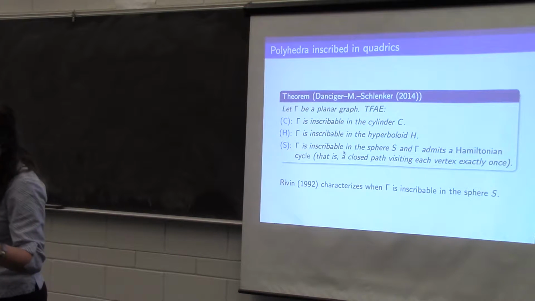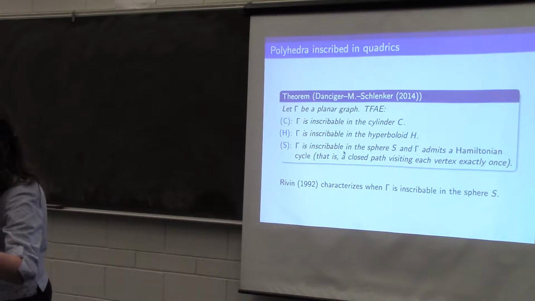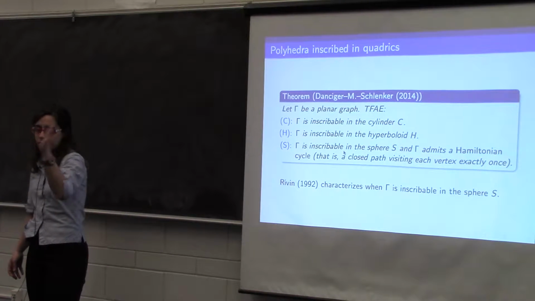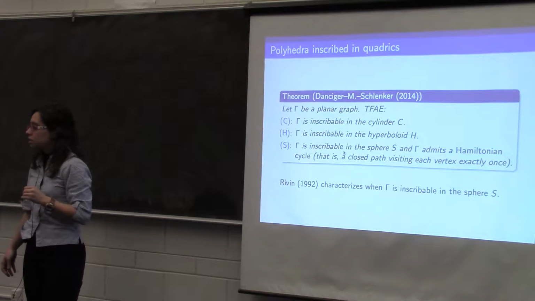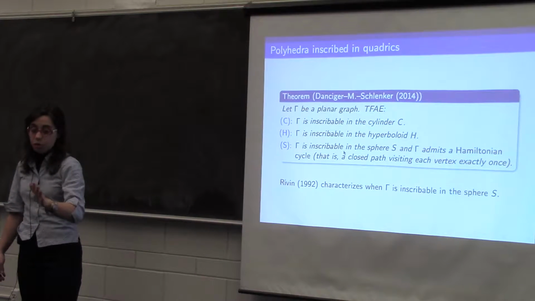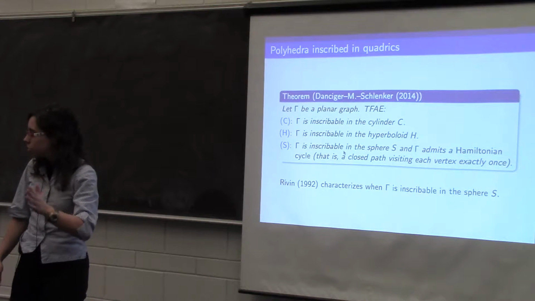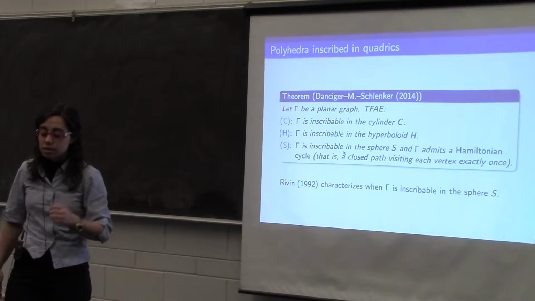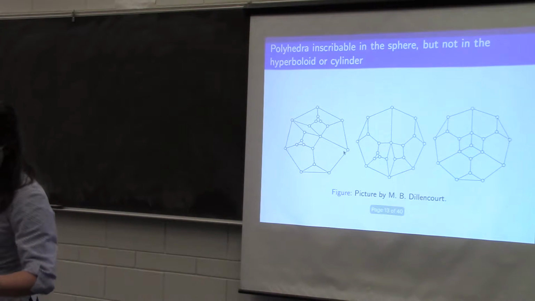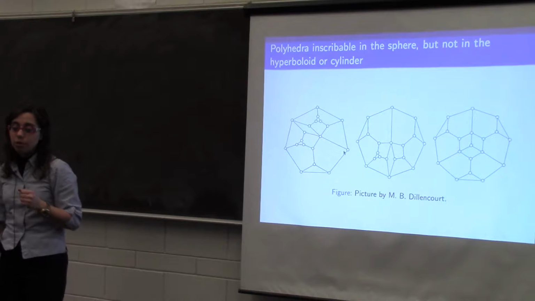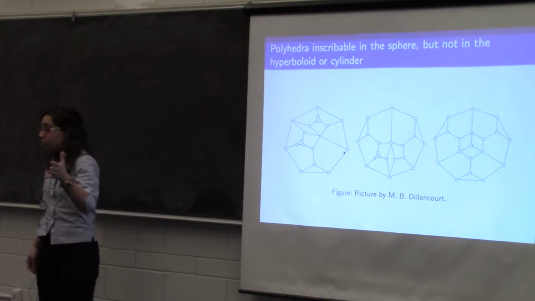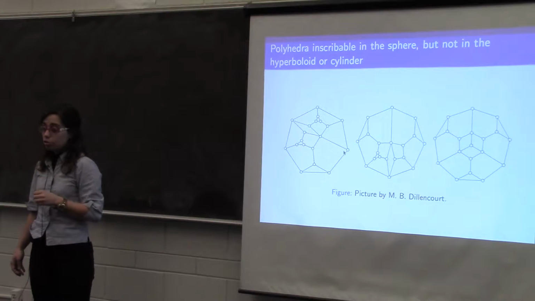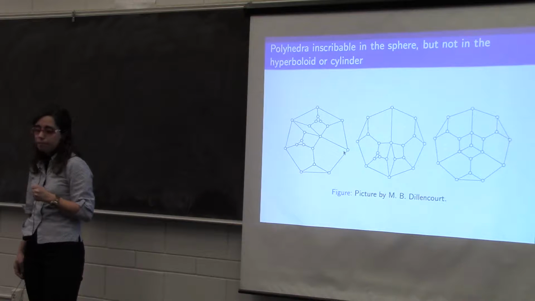Actually it's a difficult answer, because if you consider graphs with fewer than 18 vertices, I can tell you that all the graphs inscribable in the sphere contain a Hamiltonian cycle. And for a long time, people thought that was the case. But that's not true, okay? So this is an example of a graph with 19 vertices, which you can inscribe in the sphere, but which doesn't contain a Hamiltonian cycle, okay?